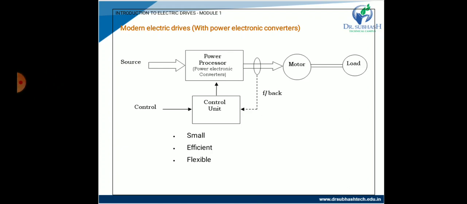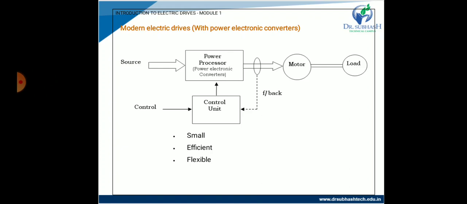Feedback is provided between the power processor and the motor. The feedback is given to the control unit, and the control unit can decide whatever we have to change. This change is given directly to the power electronics converter.